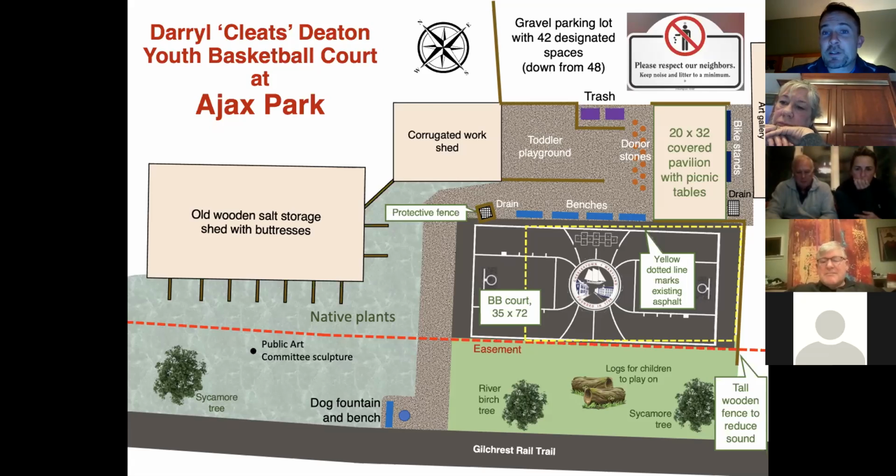Not everything that's ever come in front of council has been passed. They have the ultimate say on this. So I guess my point in all of this is, at some point we do need to move past this planning phase and present something to council.